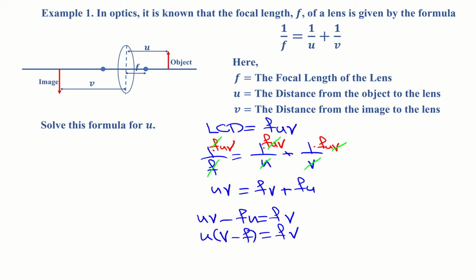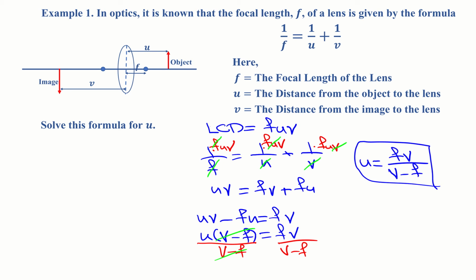Now, all we have to do to get U is divide both sides by this V minus F. So that's what we'll do. And we notice that it cancels on this side, so we end up with U equals FV over V minus F.